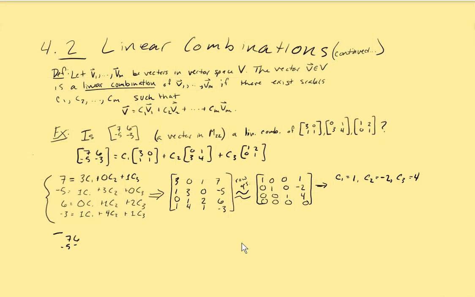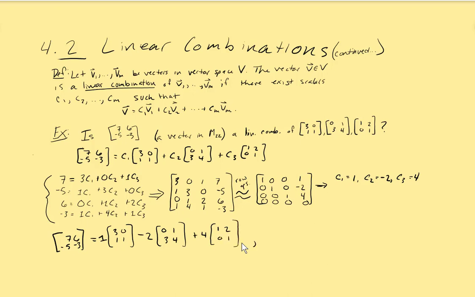We can write that original matrix as C1 times the first matrix minus 2, which is our C2 value, times the second matrix plus 4, our C3 value, times that last matrix.